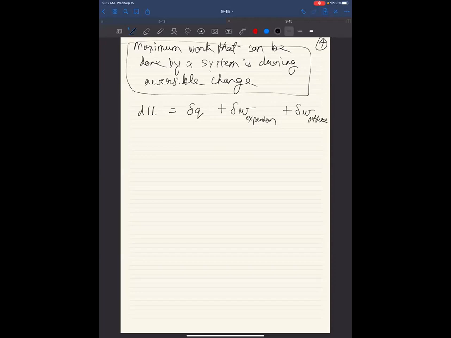Most of the time, almost all the time in this semester, we will be thinking about expansion work, except when we get to multi-component systems. Then we will be talking about chemical work. For now, it's just going to be expansion work. So let's think about types of work and the corresponding delta W that we have. So we just saw for expansion work, what is the value of delta W?